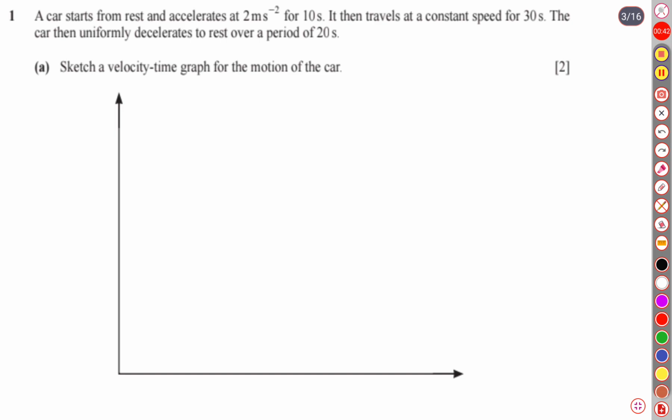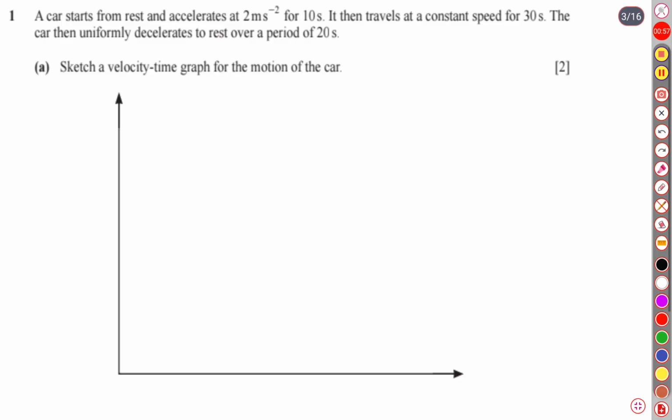Look at the question. They have told us to sketch a velocity time graph, whereas there is no precise information about velocity. So what we should do at the beginning is to find the velocity. So let us find velocity.